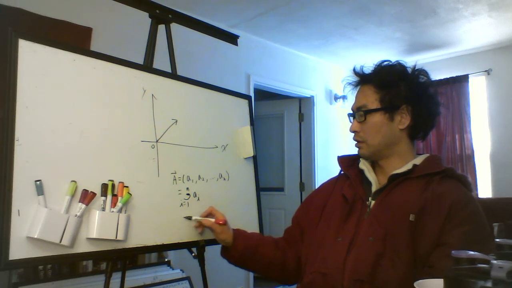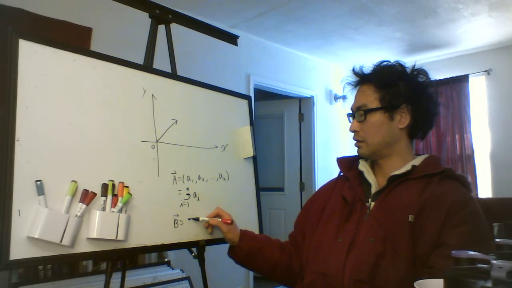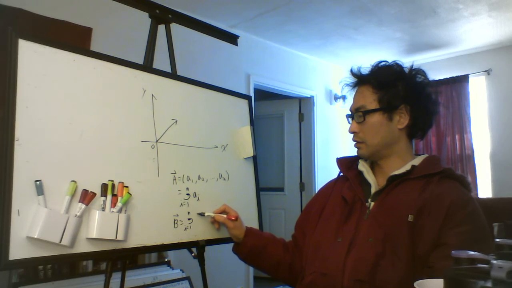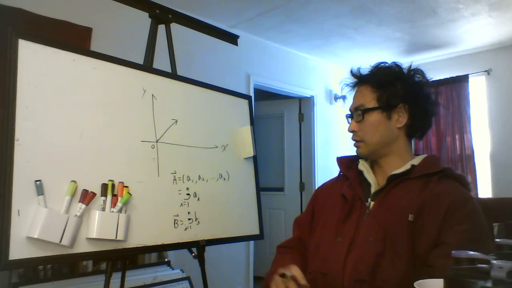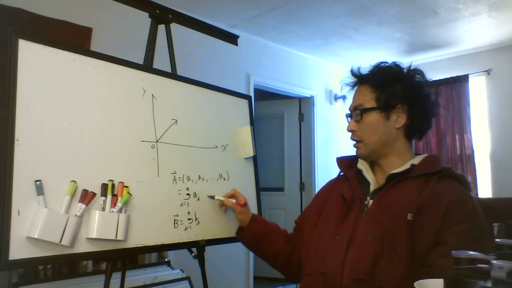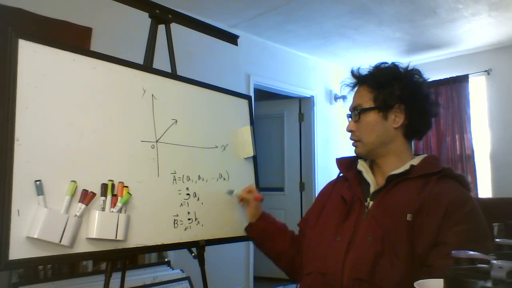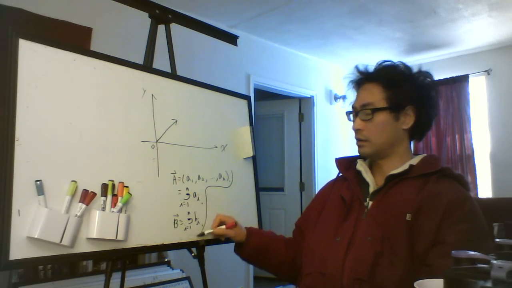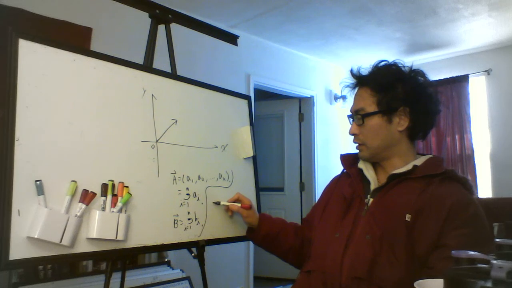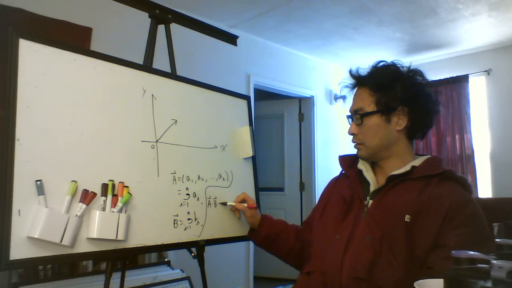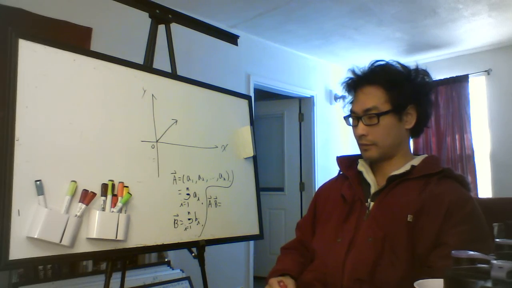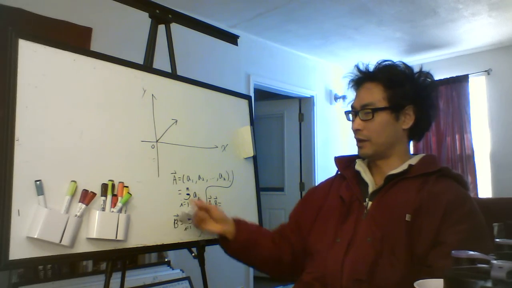So B, right? Then A dot B is what? Fill in the blank.